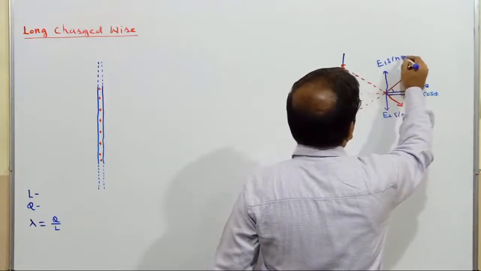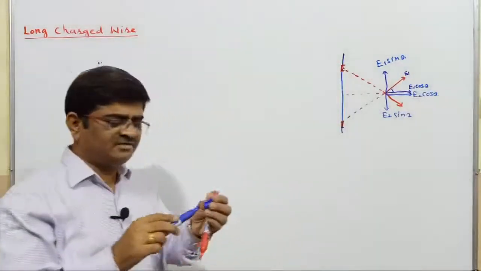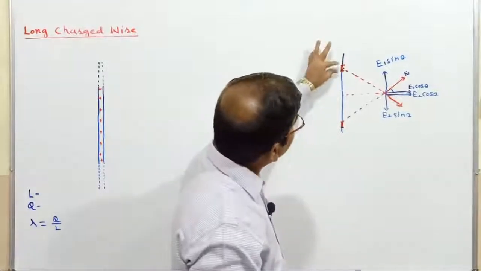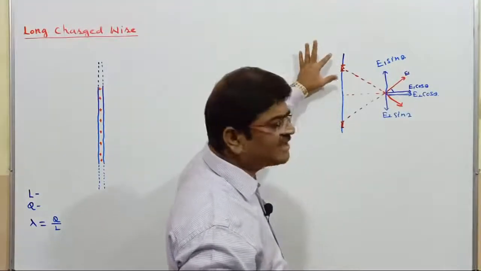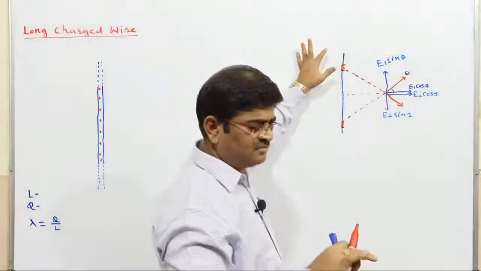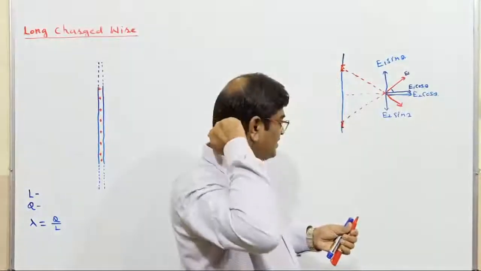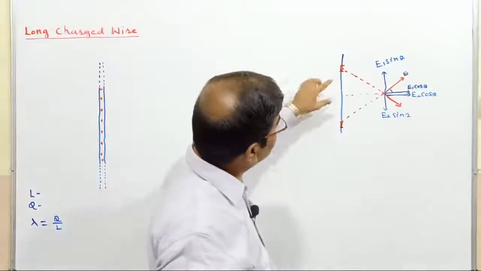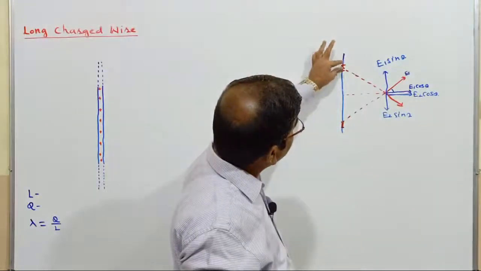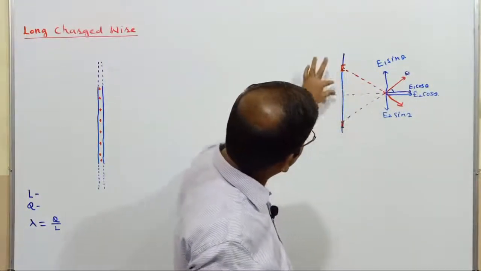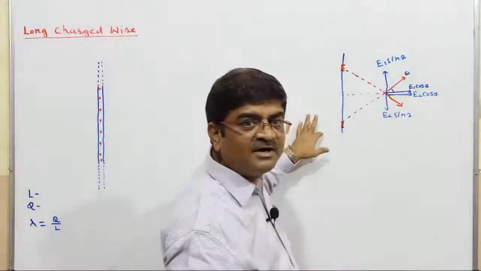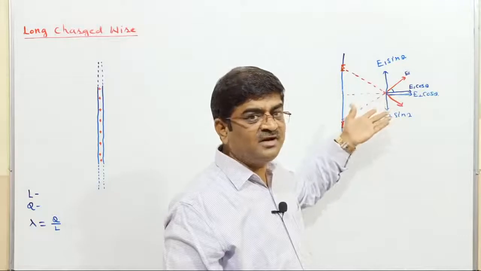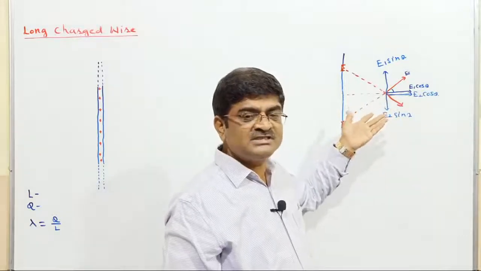So what is the intention of this discussion which I would like to bring to your notice? If I take such elementary portions of that wire, in calculus method we can understand, not in detail, but just the basics I can remind you, that these components of electric field due to these elementary portions are going to get cancelled, because E1 and E2 are same in magnitude.